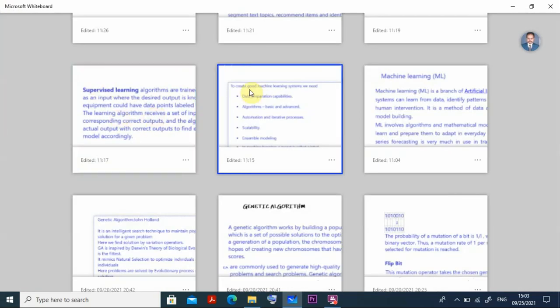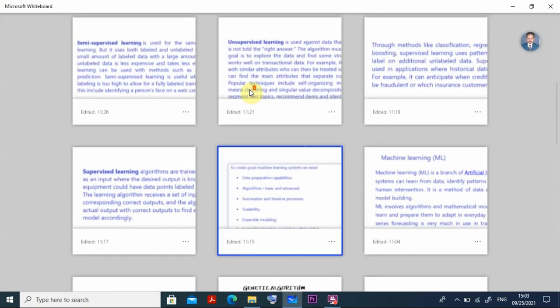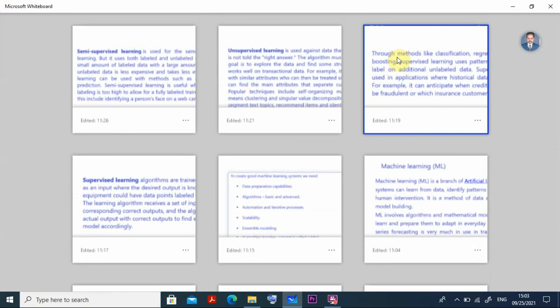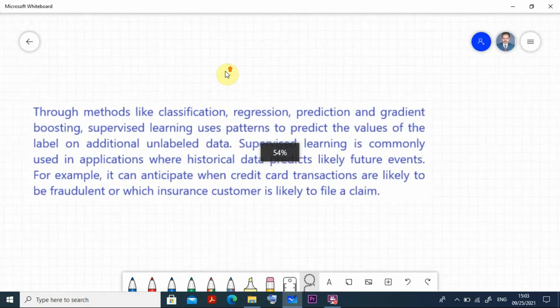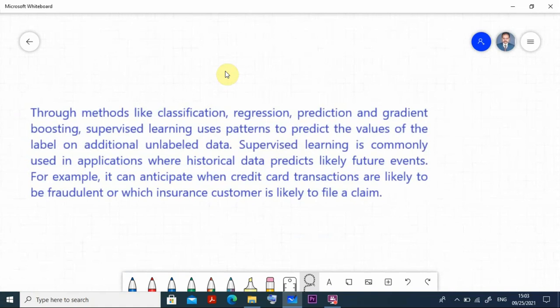Through methods like classification, regression, prediction and gradient boosting, supervised learning uses patterns to predict the values of the label on additional unlabeled data.